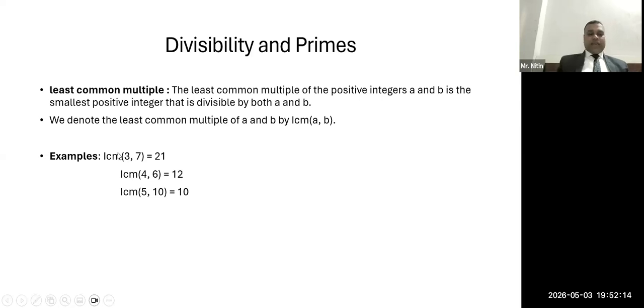LCM of 3 and 7. How are we going to find the least common multiple of 3 and 7? It is the number which is a multiple of both numbers, 3 and 7. Let's check. In the table of 3, do we get 21?